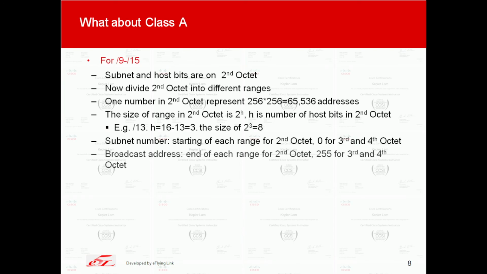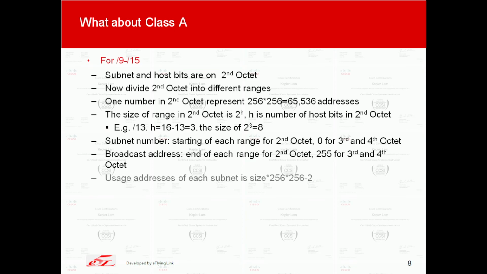What about the broadcast address? For the second octet, it is the last number of each range, or actually the starting number plus the size minus 1. Remember that? That's how we calculate the last number, right? And then for the third and the fourth octets, it will always be 255.